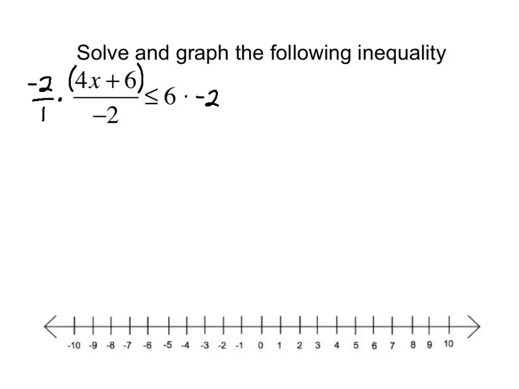What we notice is that these inverse operations are going to cancel. In other words, the negative 2 and the negative 2 are going to divide to 1, and I am just going to be left with the 4x plus 6 on the left-hand side, and on the right-hand side, the negative 12.